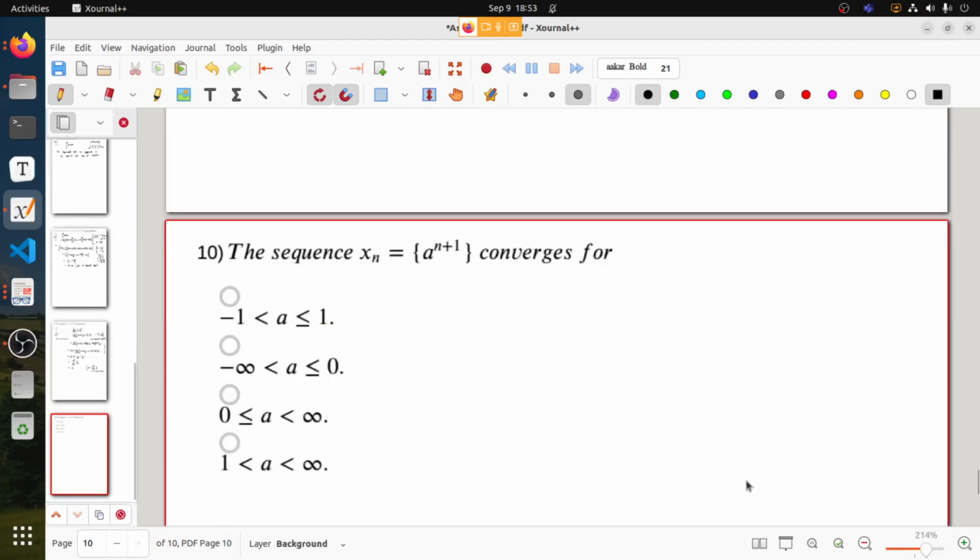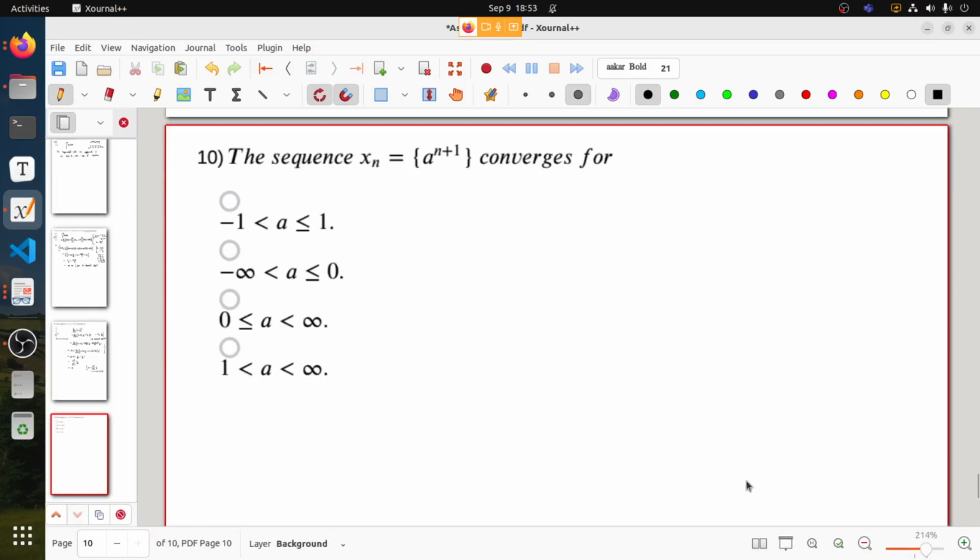Now move to question number 10. Again here you have to find where the sequence xn will converge, that is, for which values of a. xn is given as a to the power n, and we ask for which values of a this sequence will converge.